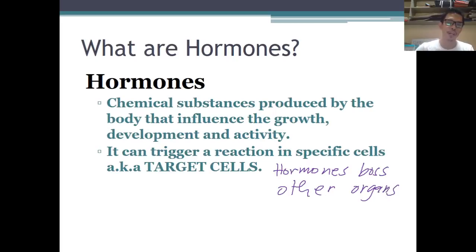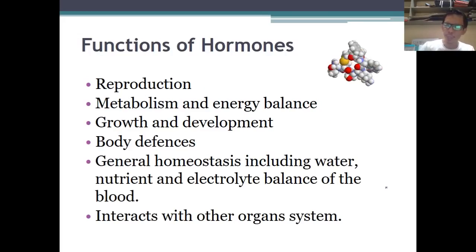Some hormones instruct other organs of the endocrine system to secrete other hormones. These hormones again go to their target cells, and this reaction triggers certain effects in the body. So these are hormones. What are the functions of hormones? We have a myriad of functions of hormones.